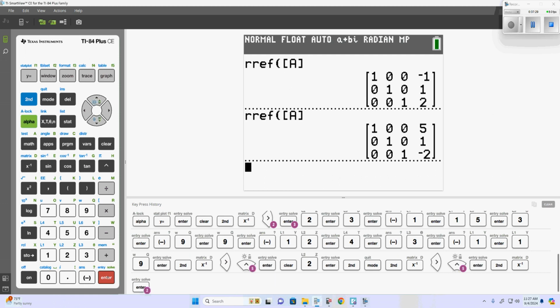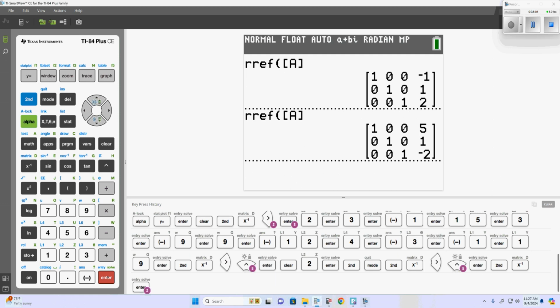So go over to edit. 2, 3, -1, 15, 3, -9, 9, -12, 4, -3, -1, 19. So we need to go second matrix A. Now hit enter.